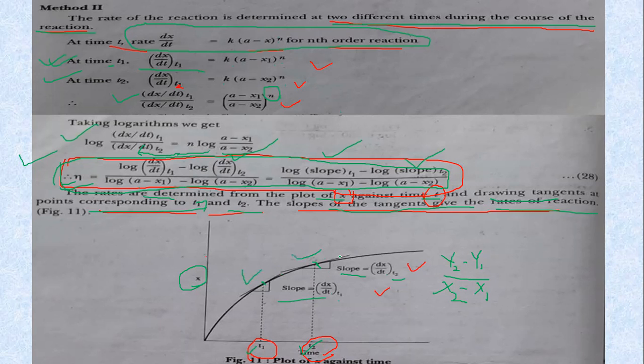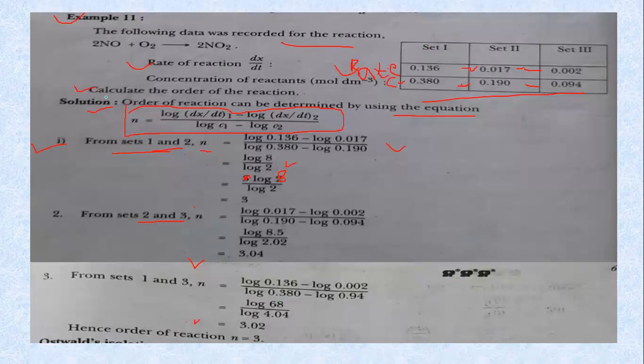Slope 1 and slope 2, and finally what you are getting, here it is, right? So it works.